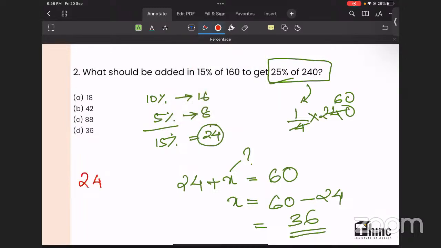And you need to add a number X to get 25% of 240. 25% means 25 by 100 into 240. When you cancel this, you will get 1 by 4. That is why we use 1 by 4 first. So 24 plus X is equal to 60.